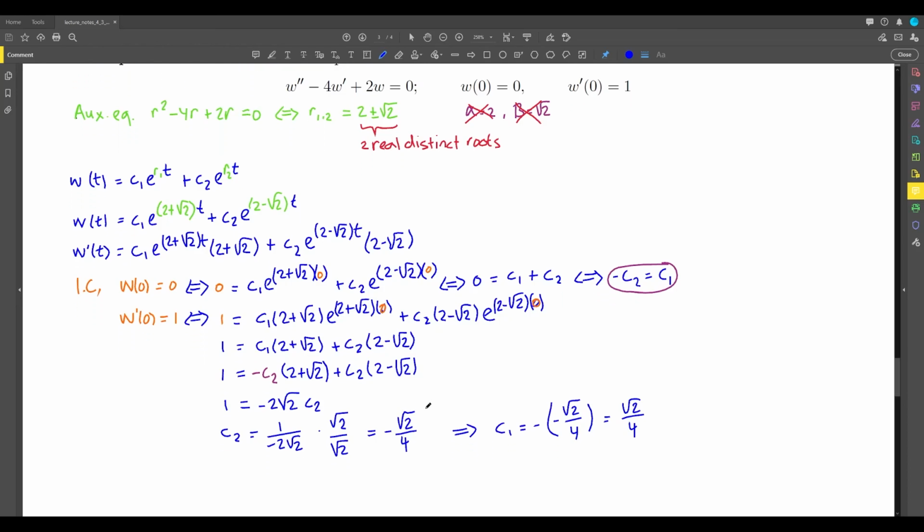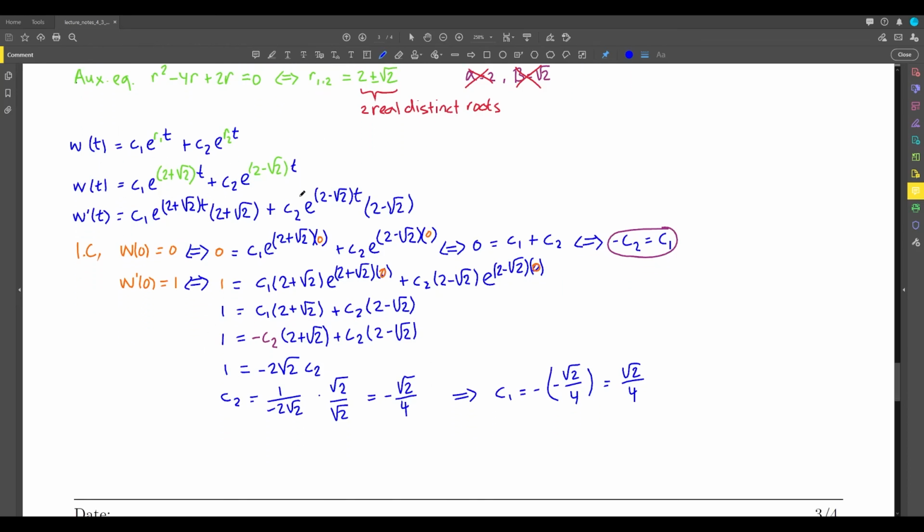And so now we can go back to our general solution here and fill in the values for c1 and c2. So our final solution is w of t is equal to square root of 2 over 4 times e to the power 2 plus square root of 2 t minus square root of 2 over 4 e to the power 2 minus square root of 2 times t.